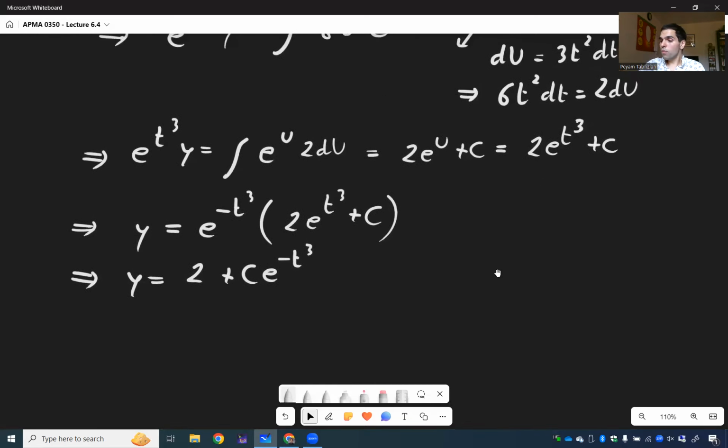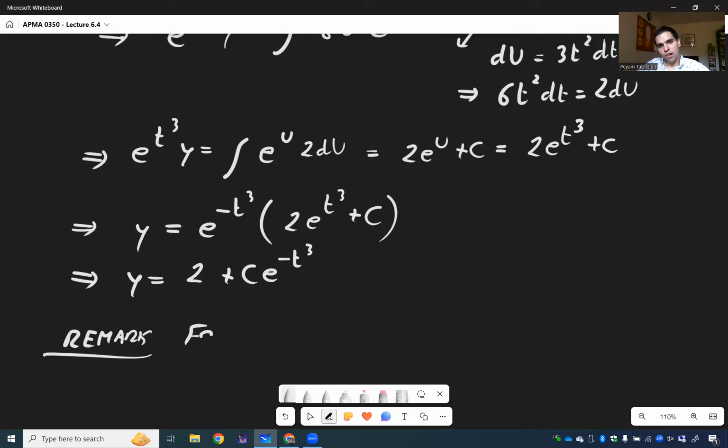But just two little remarks. The first one is, here we learned two methods. We had the e to the at method and the Yelp method, e to the integral of p of t. It turns out the e to the at method is just a special case of this general method. So you only need the general method from now on, really.